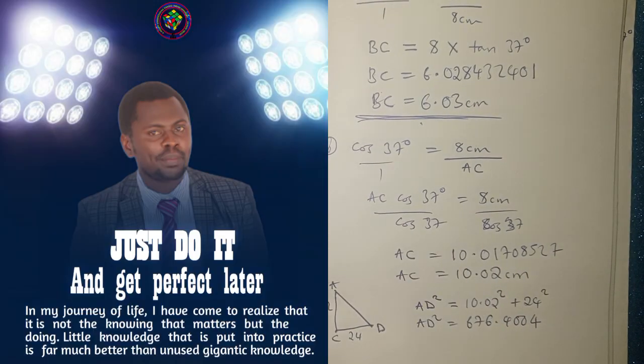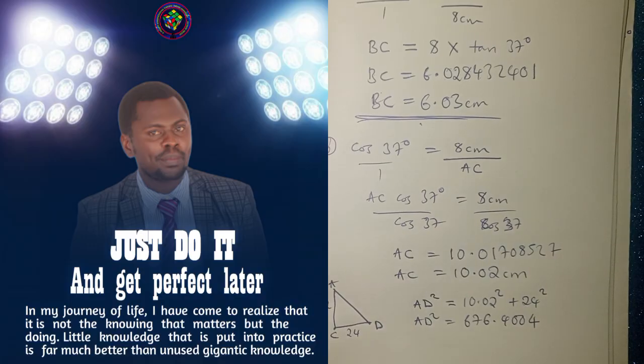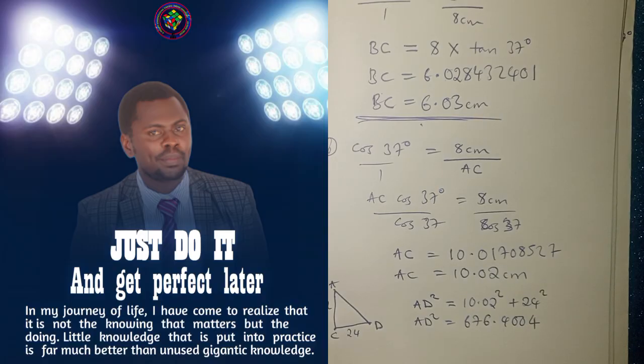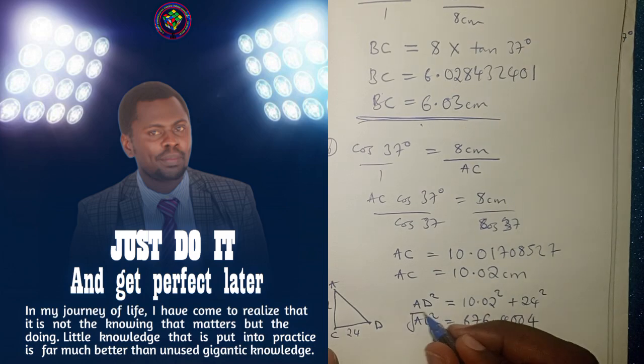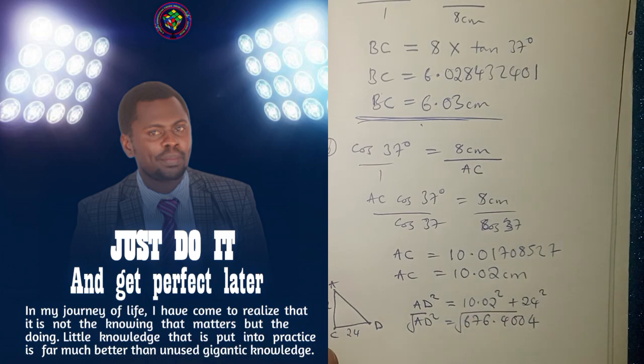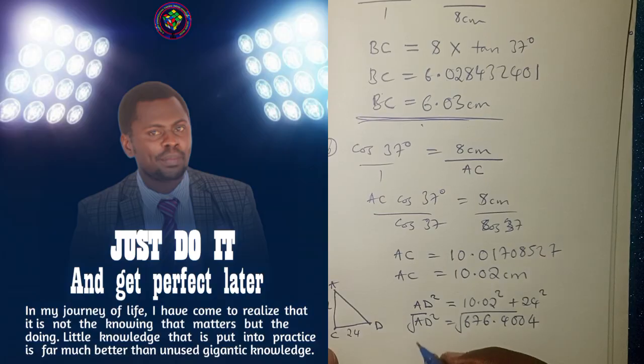You get 676.4004. Now we are not solving for AD squared, but AD. So for us to remain with AD, we are going to square root both sides. So square root this side and square root the other side. Square root and squared cancel out.